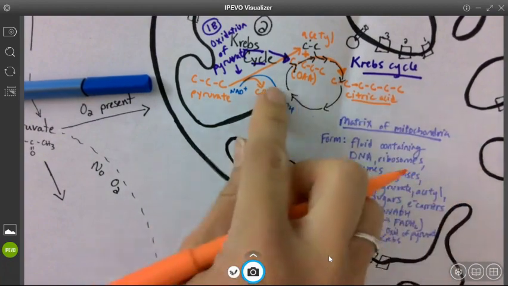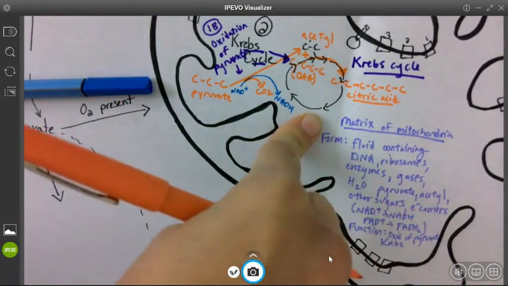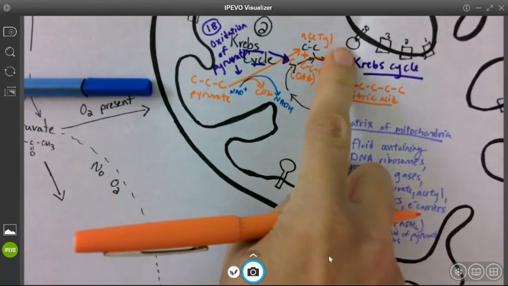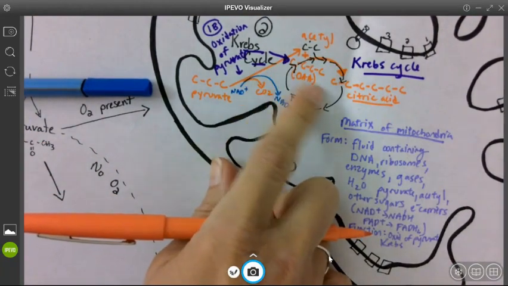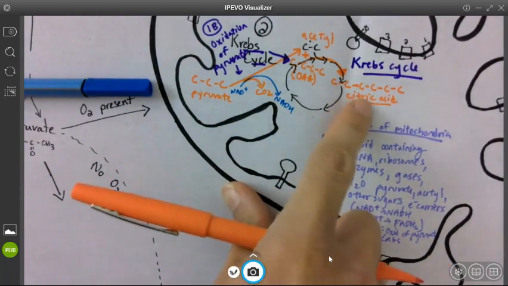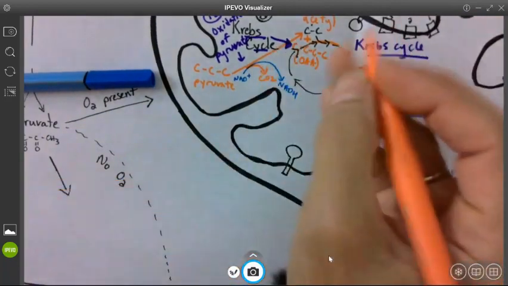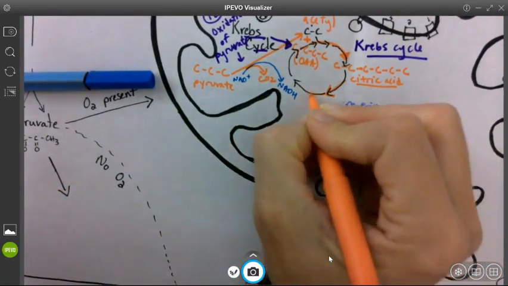Luckily, you don't need to know all the names of the different sugars found in the Krebs cycle. All you need to know is that acetyl joins with another sugar, a 4-carbon sugar, to make citric acid, and then slowly this citric acid is broken down into OAA again through a series of enzyme catalyzed reactions.